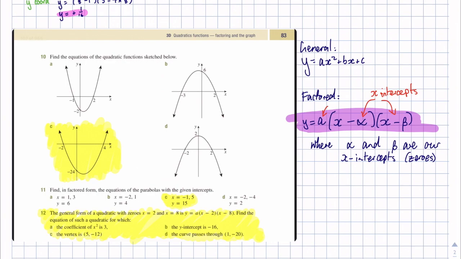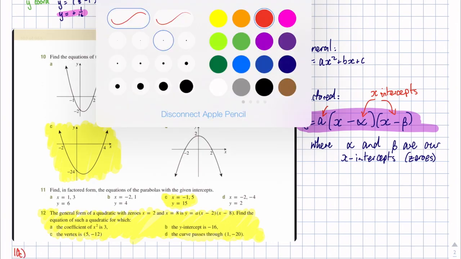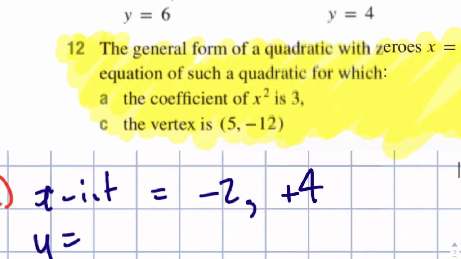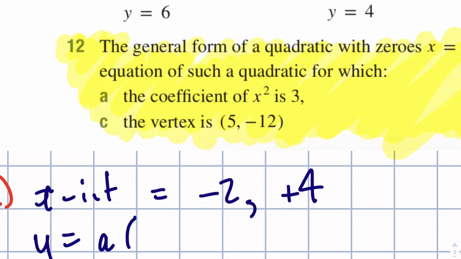So let's have a look at question 10c. Here, the x-intercepts are -2 and +4, which means in our brackets, we've got y equals whatever the number out the front is, times (x take -2)(x take 4).